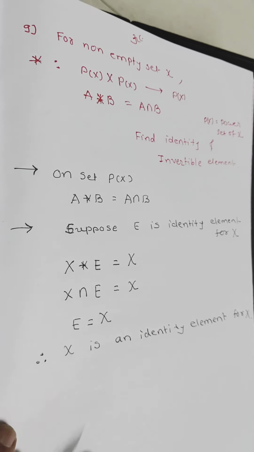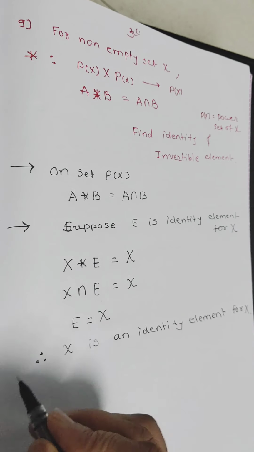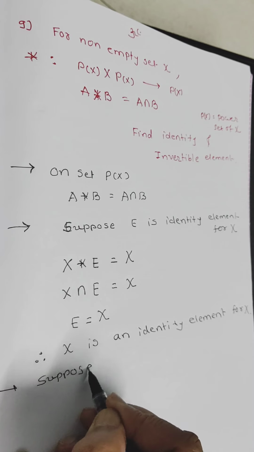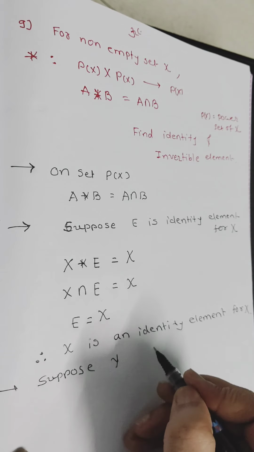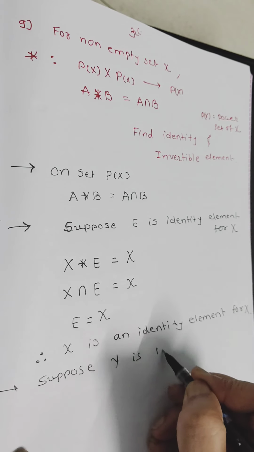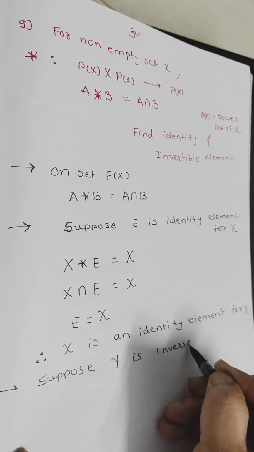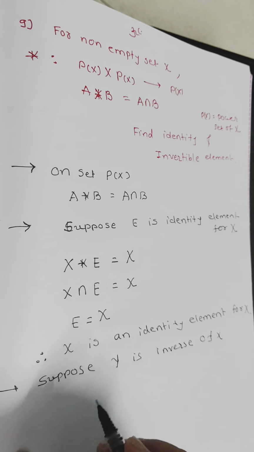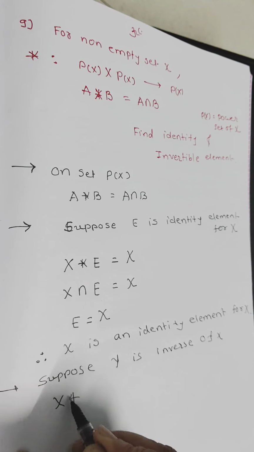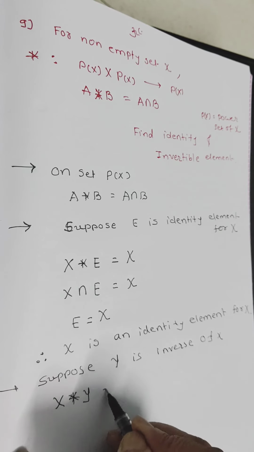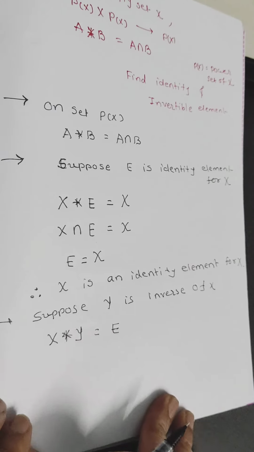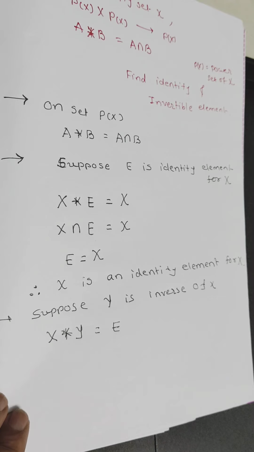Suppose Y is an invertible element. Suppose Y is the inverse of X. If Y is the inverse of X, then if I do the binary operation with Y, the identity element will always be the answer, because Y is the inverse.